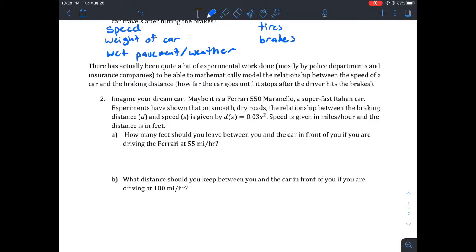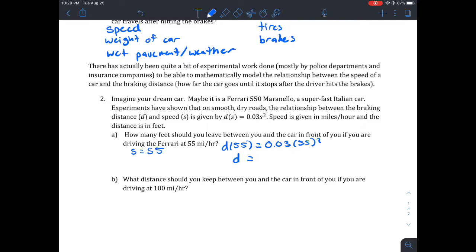So what they're doing here is giving you your speed. We know that our speed is 55. So we have to plug that in. We're going to say, what is d of 55 equal to? We have 0.03, and we're going to plug in 55 for speed, squared.